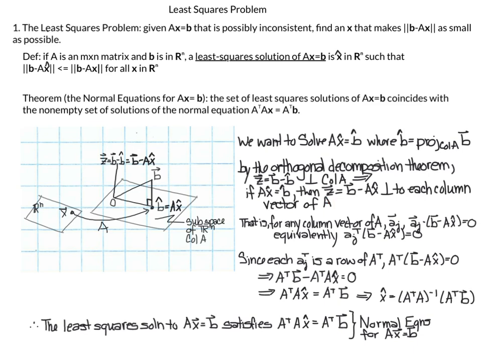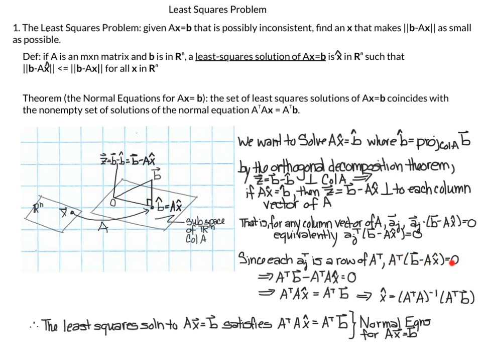That is, for every column vector of A, such as A sub j, A sub j dotted with B minus A X hat will be equal to 0. Or equivalently, converting this dot product to a multiplication, we take A sub j transpose times B minus A X hat equals 0. And since each A sub j is a row of A transpose, this means that the matrix A transpose times B minus A X hat will equal 0.